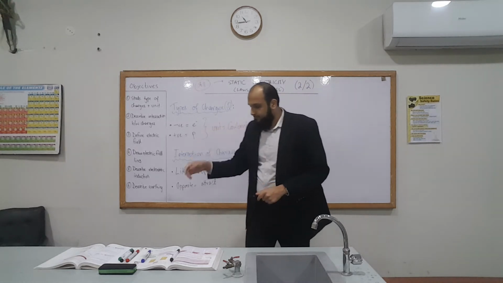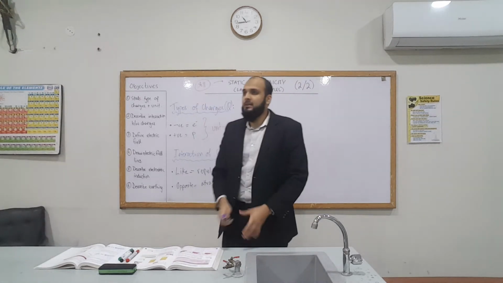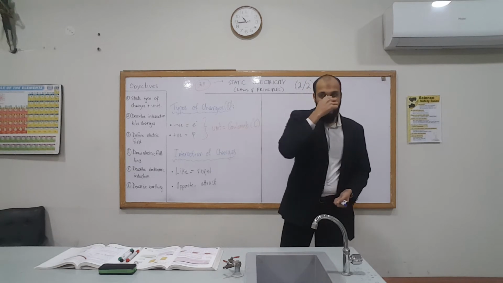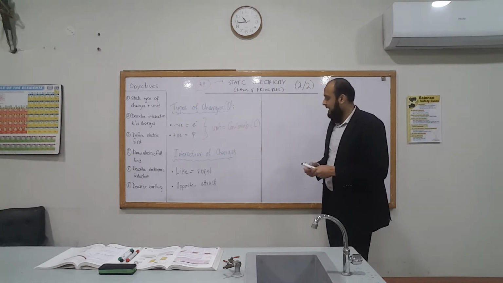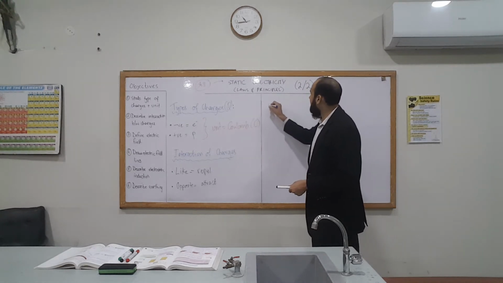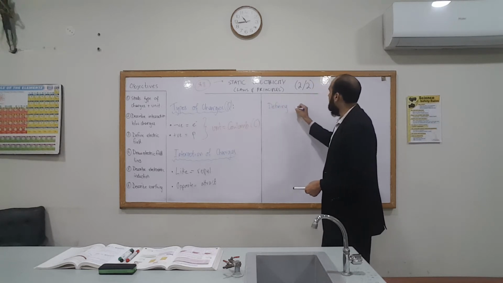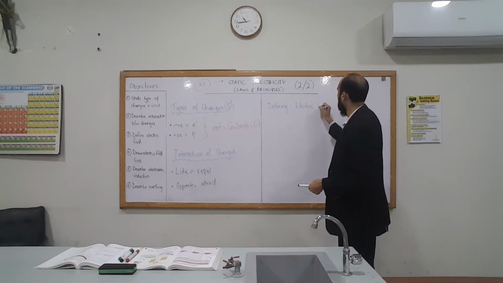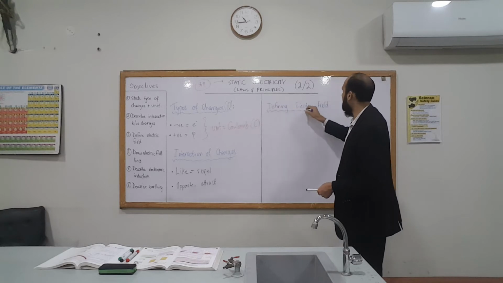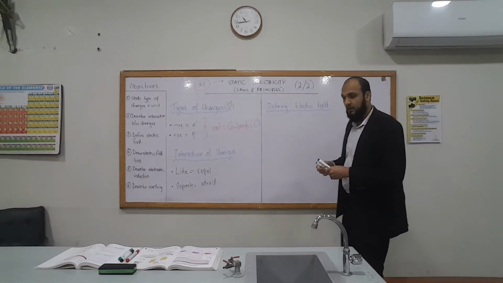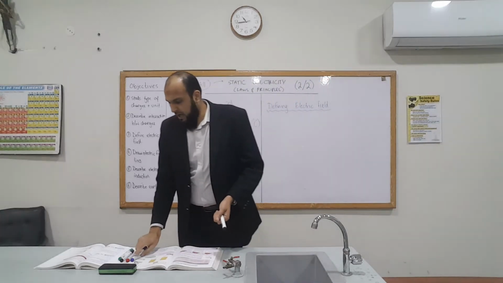Now here's something that comes in the exam as well, so I want you to think of it as such. So defining something known as an electric field. Electric field. Can somebody tell me what a field is? What is a field? Area. An area.